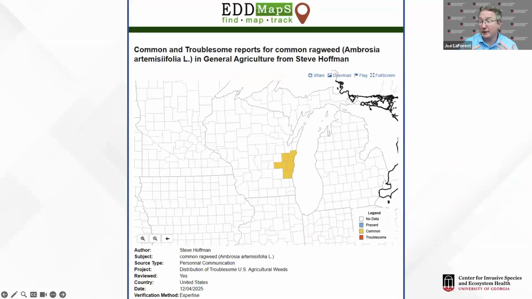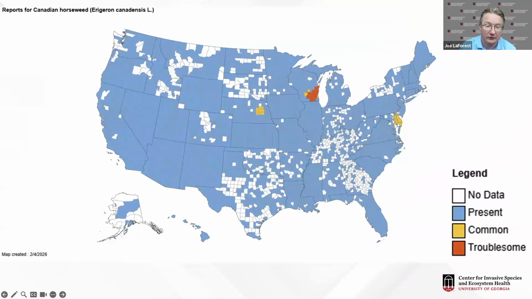This goes in again, personal communication, in this case from Steve Hoffman. We know who gave us this information and what he said on what date. So if Steve comes back and does this multiple years in a row, we can see how the picture of management has changed for Steve and in the area. We also get to do this.